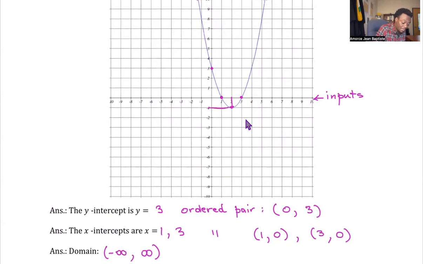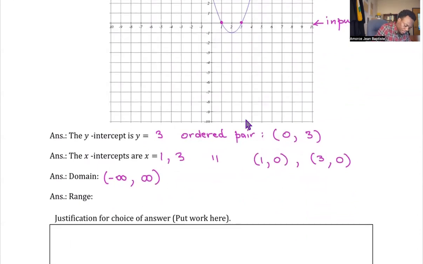Since the graph is continuous, you will always have at least one x for any y bigger than -1. So from -1, and we're going to include -1 because the line is on it, there's no restriction as if it was an open circle.